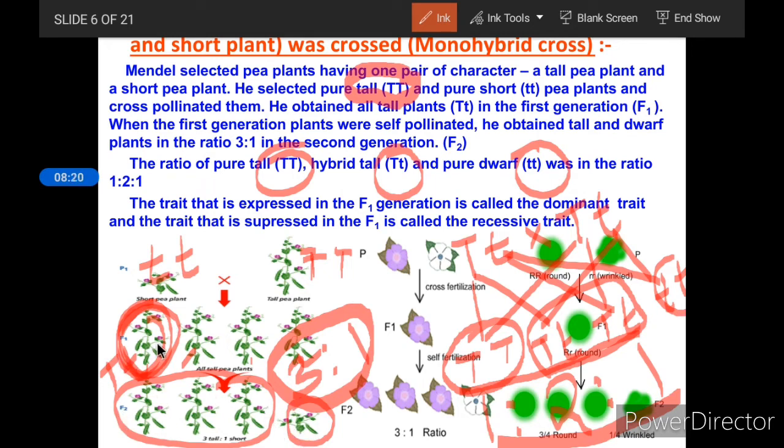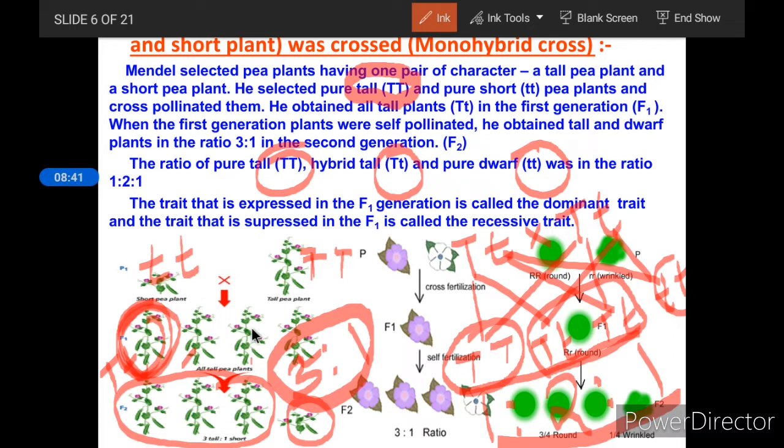So the conclusion was that the dwarfness was carried to the generation, but it was hidden. It was suppressed, so it is not expressed in F1. In the F2 generation, it was seen again.